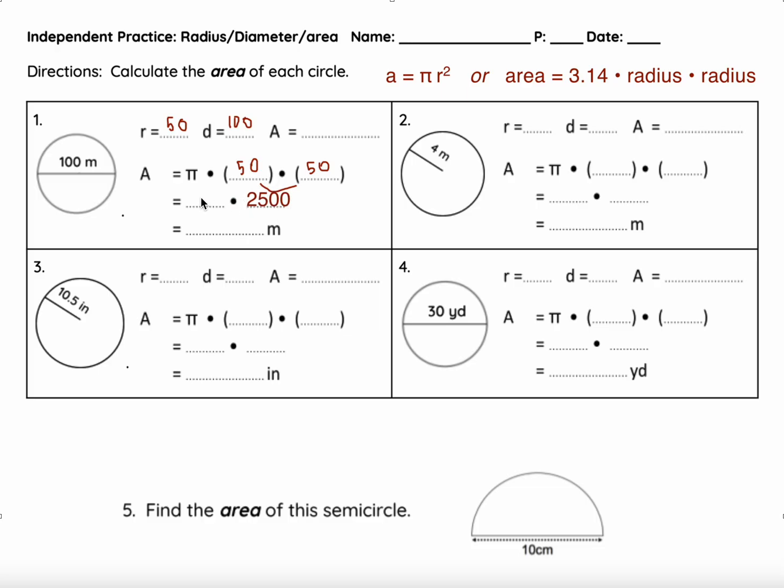And for pi, we're using 3.14. So we have 3.14 times 2,500. For that, I'll need to use my calculator. And I get 7,850.